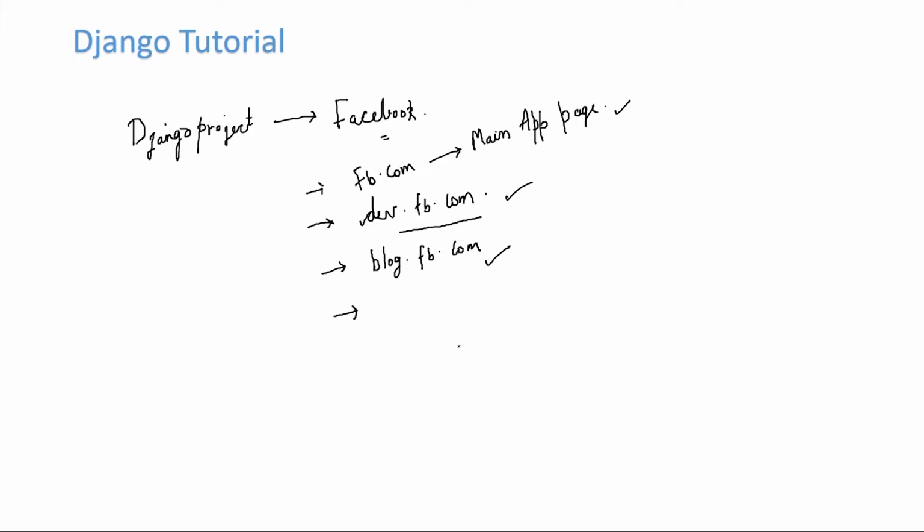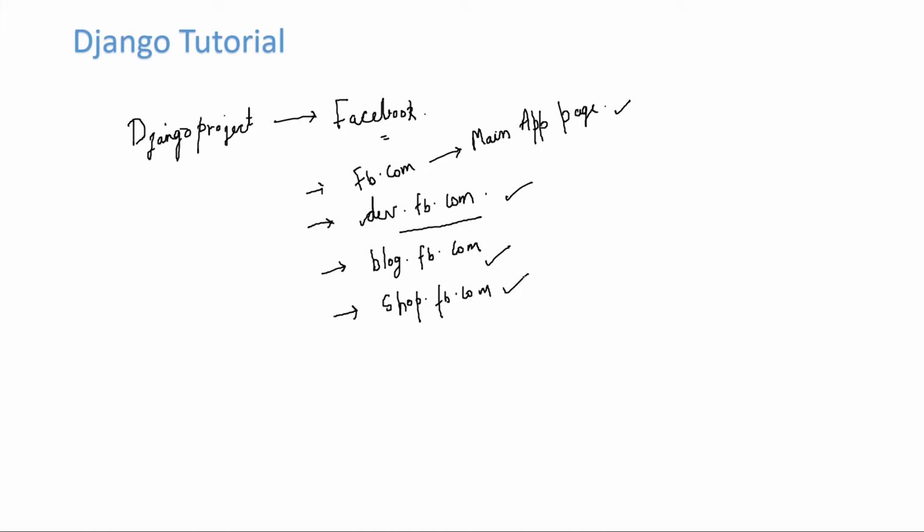In that case, you might want to have something called shop.facebook.com. Whenever you have a combination of all these things, you don't want to put all the code associated with facebook.com's main page, or dev.facebook.com's main page, or blog's main page, or shop's main page at one place. You want to separate the concerns, and you want to keep all four of these separately.